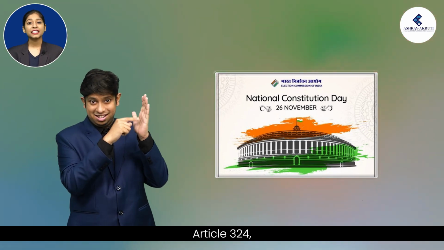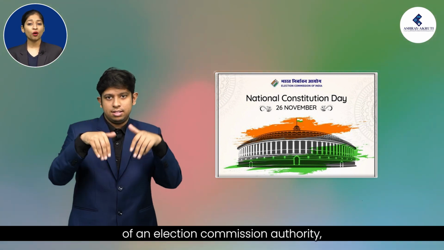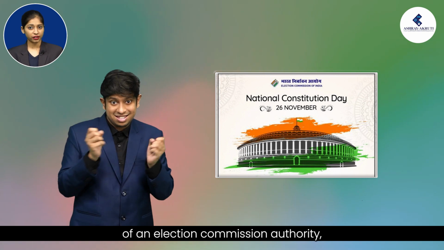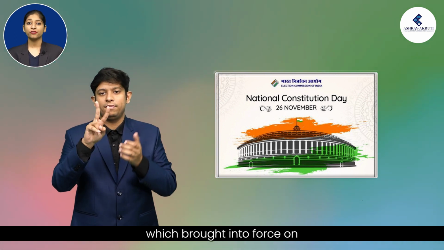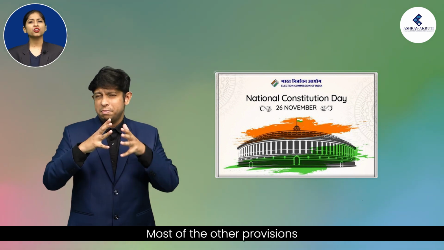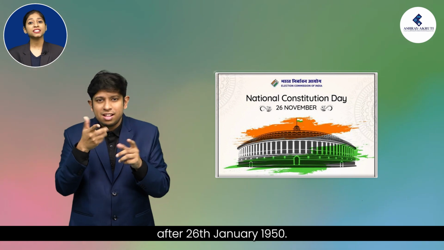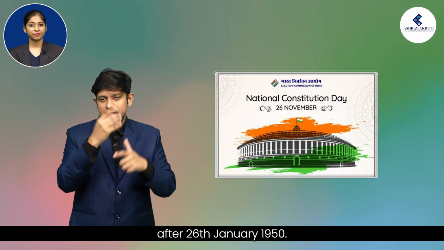Article 324, which warrants the setting up of an election commission authority, was brought into force on 26th November 1949. Most of the other provisions were rendered effective after 26th January 1950.